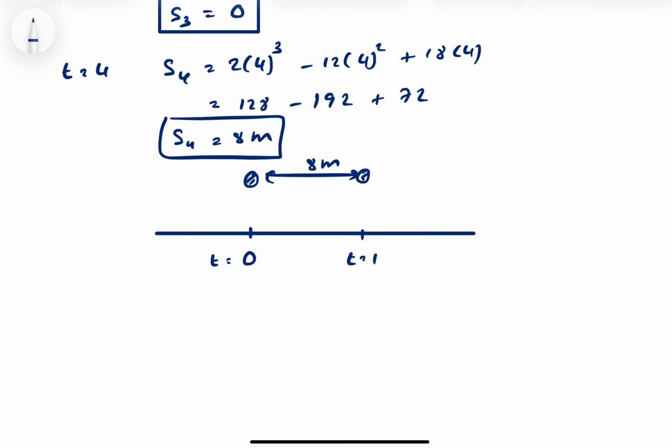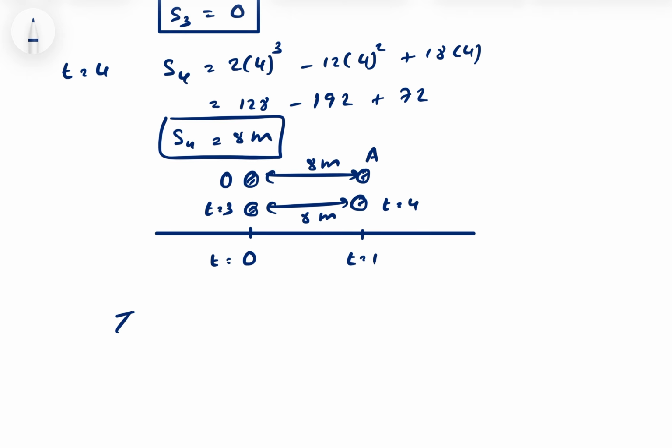At t equals 3, it comes back to the starting point again. Let's say this point is O, this point is A: it goes from O to A and comes back from A to O, and this is when t equals 3. Again at t equals 4, the particle has gone 8 meters out.